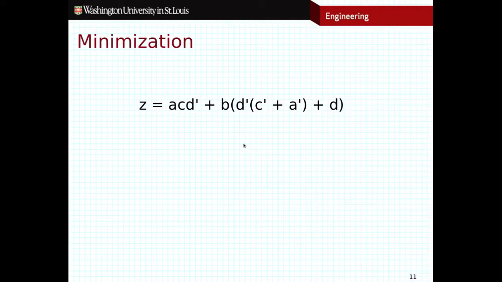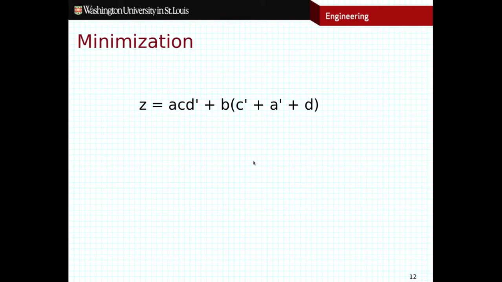And if you're paying really close attention, you actually see that same configuration appear again. Here I have D ORed with D naught and some other stuff, which means I can actually just remove this D naught entirely and be left with this other stuff. And so here's our result. We're getting even simpler now.